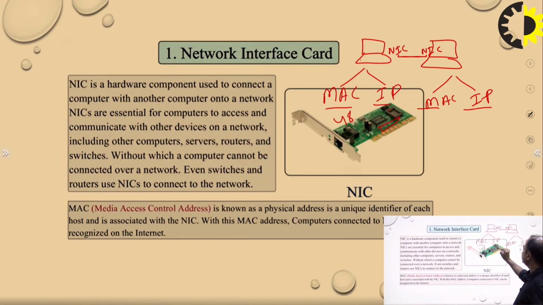IP is 32-bit or 128-bit, depending on IPv4 and IPv6, and this 48-bit hexadecimal number is burned in this NIC card. With this MAC address, the component connected to the NIC can be recognized on the internet. These are the two addresses with the help of which we recognize our system in the network. Clear?